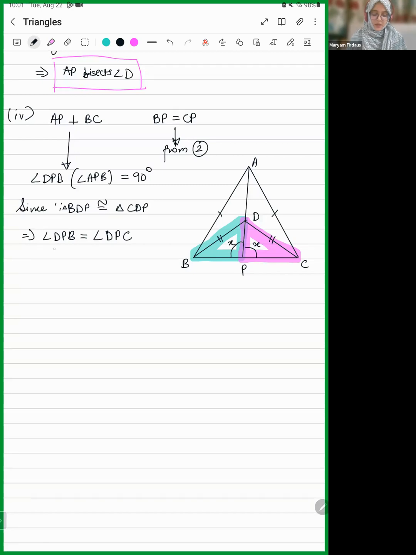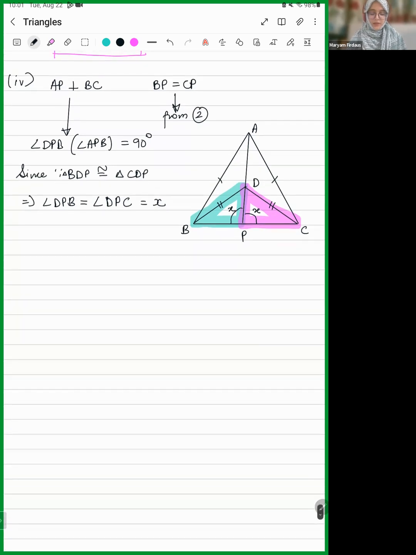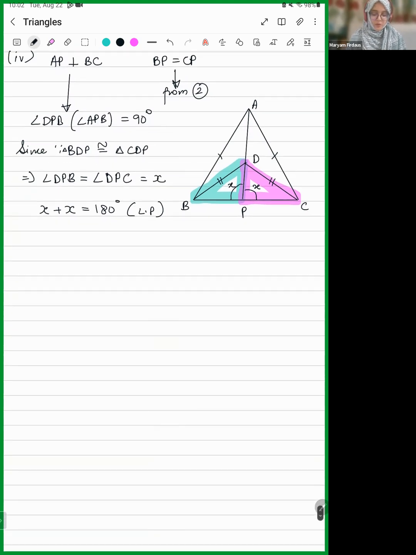Let's call it x. So x plus x equals 180, because it's forming a linear pair. LP means linear pair. I'm writing it for short because I ran out of space here. That means 2x equals 180. That means x equals 180 by 2, which is 90.